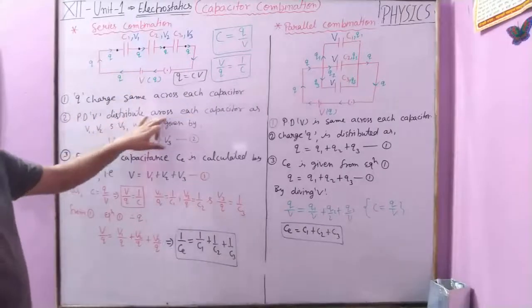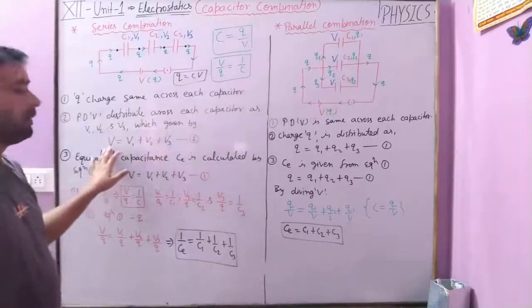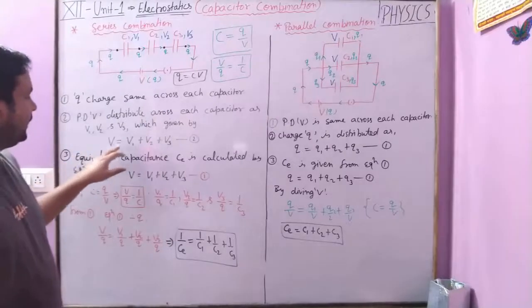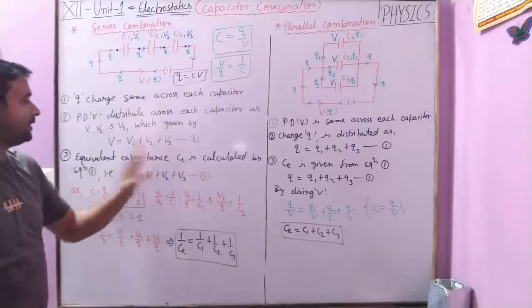Second, the potential difference is distributed across each capacitor as V1, V2, V3, given by V equal to the sum of the divisions, which means V1 plus V2 plus V3.